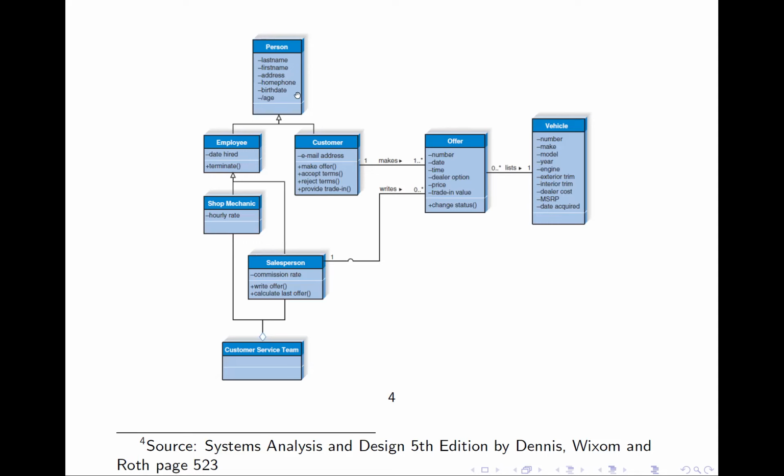And the more generalized superclass is person, and then you have two subclasses based on person: employee and customers. Now customers have offers, so a customer makes an offer. For example, you can have one or more, but if you take an offer, it belongs to only one customer.